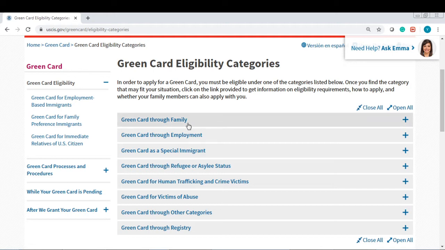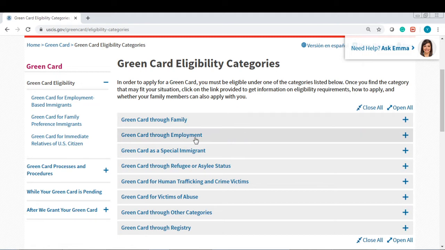A green card through family, green card through employment, green card as a special immigrant, green card through refugee or asylee status, green card for human trafficking and crime victims, green card for victims of abuse, green card through other categories, green card through registry. So I will give you a series of videos to talk about each of those categories.